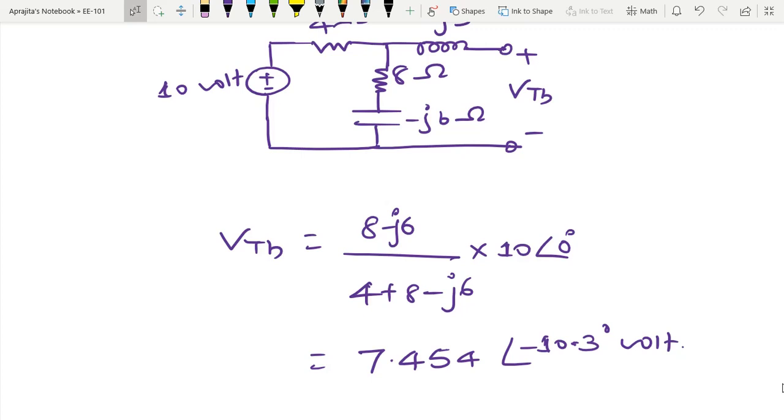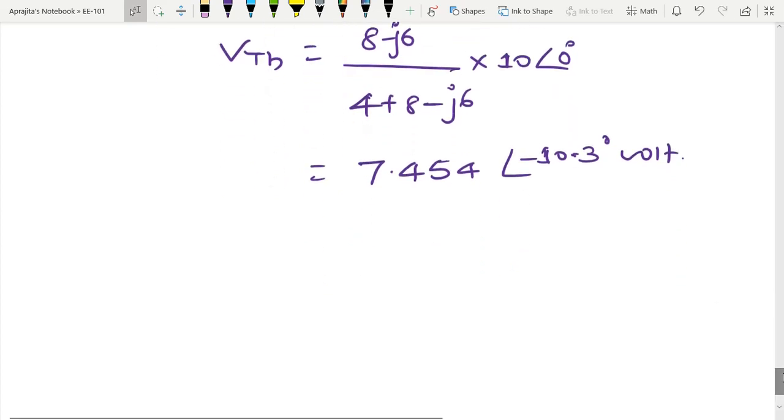So now you know the RTH and VTH. That is the step to solve the problem.